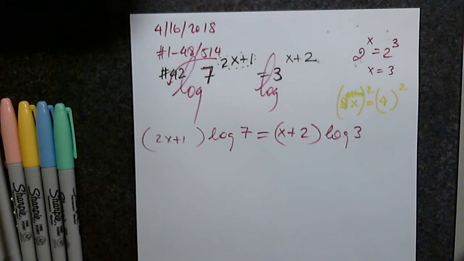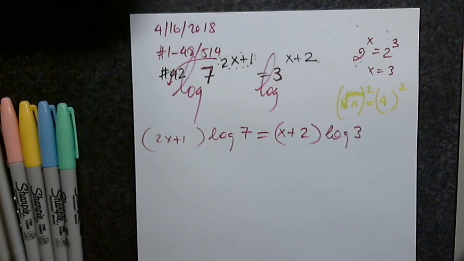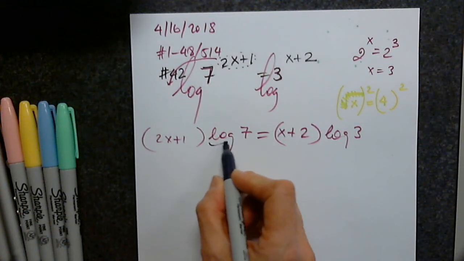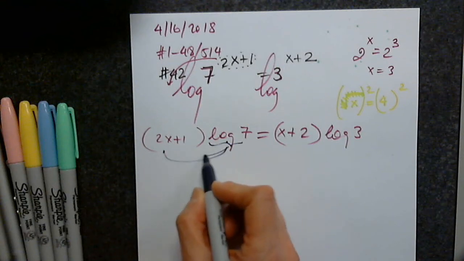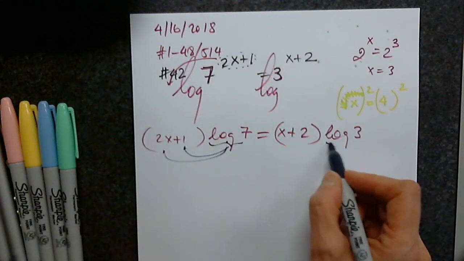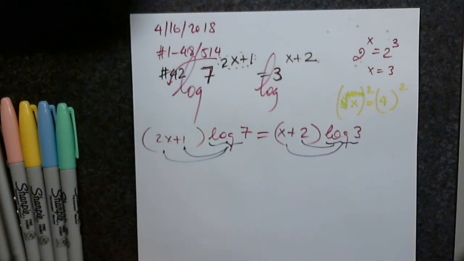Okay, so now, what do I do next? Remember, I'm solving for x. Correct, but first I have to distribute. I'm distributing this fancy number, log 7, and log 3 to these two terms.